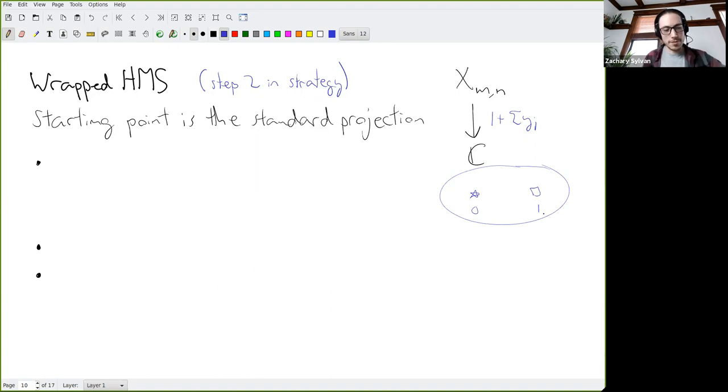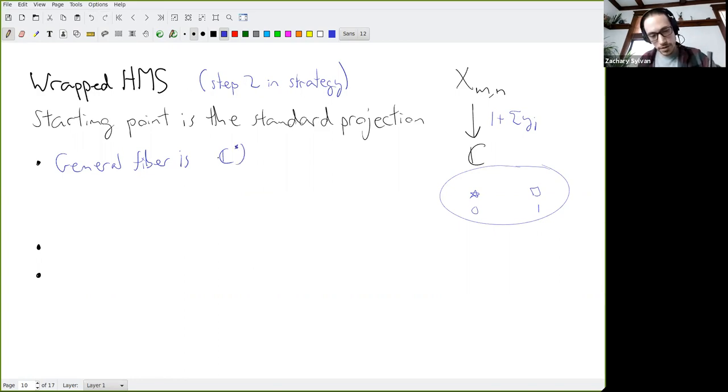So I'll start with the general fiber. If I pick some arbitrary non-zero point in C, then the product of the x's is not 0.